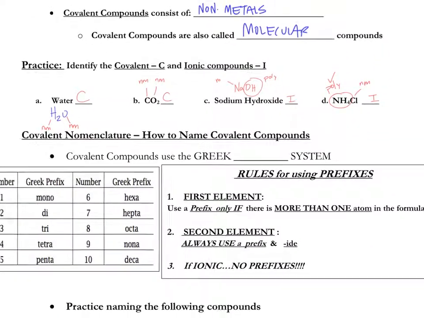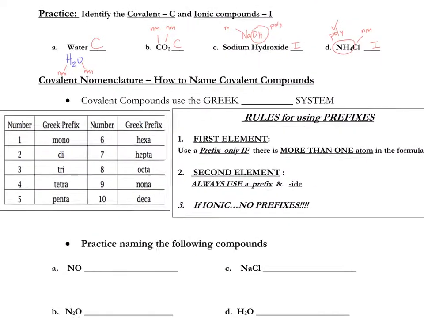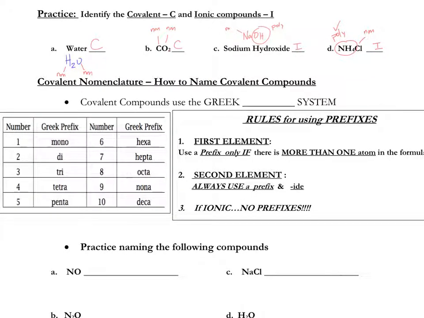All right, so how do we name these types of compounds? Well, in order to name these compounds, we use a Greek prefix system. And you'll see over here to the left, you've got your prefixes that represent numbers.